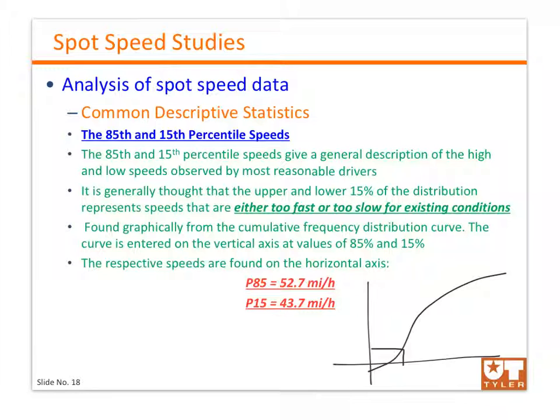Now we can do the same thing at the 85th percentile, and that would be the 85th percentile speed. In this case, P85 happened to be 52.7. That means 85% of the drivers drive less than 52.7 miles per hour, and P15 is 43.7. That means only 15% of drivers drive less than 43.7 miles per hour at that facility.